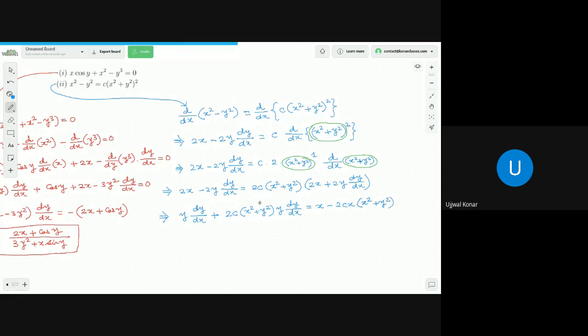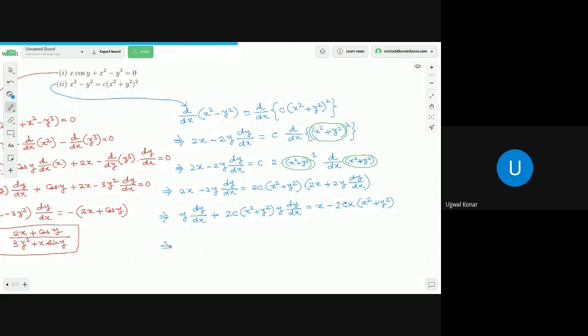Correct or not? Just simplification. I made dy/dx together, and the other terms together on the right hand side.